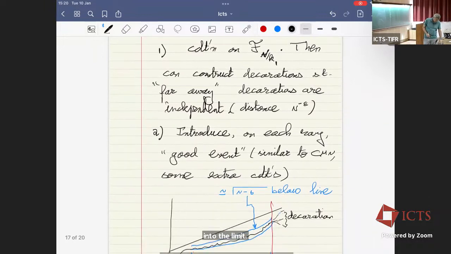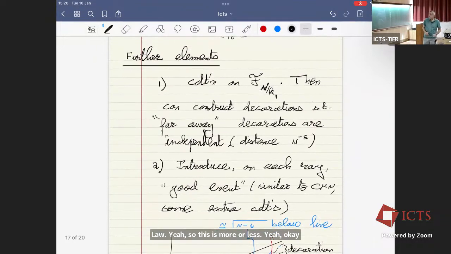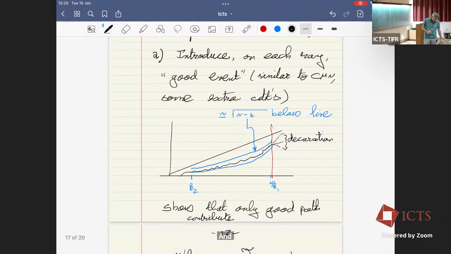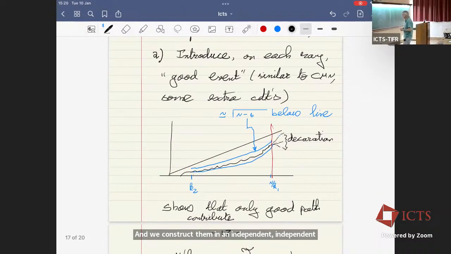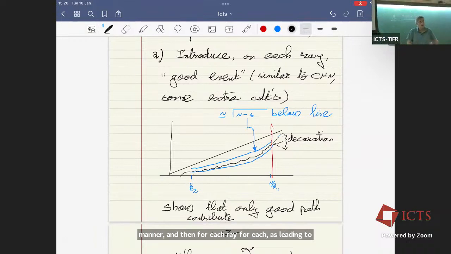Yeah, so this is more or less, okay. So just to reiterate, once we condition on f of n of k1, we can construct the decorations and we construct them in an independent manner. And then for each ray, for each path leading to here, we do a variance reduction by only caring about paths that do the right thing.